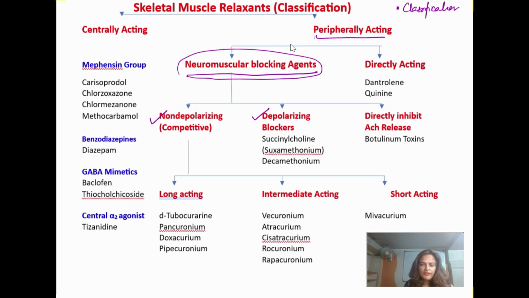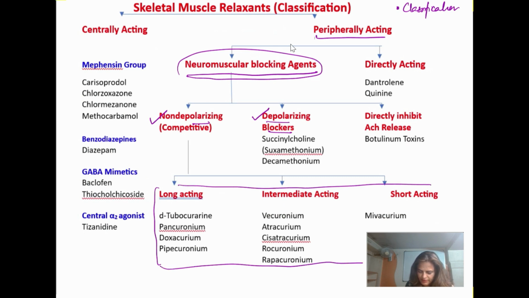Then important difference between the non-depolarizing and depolarizing, pharmacological action, then important differences among these non-depolarizing or competitive neuromuscular blocking agent like long acting, intermediate acting and a short acting. So today's lecture will be on therapeutic uses and adverse effect.